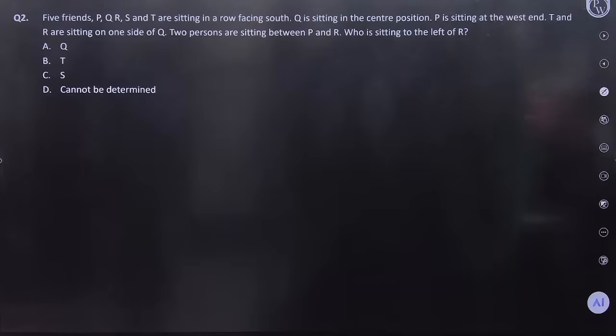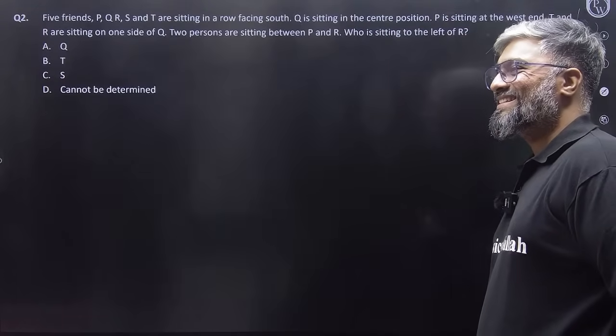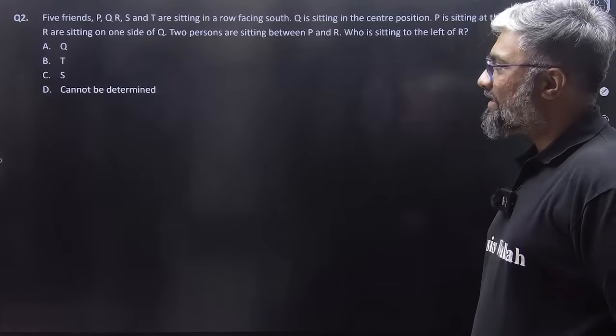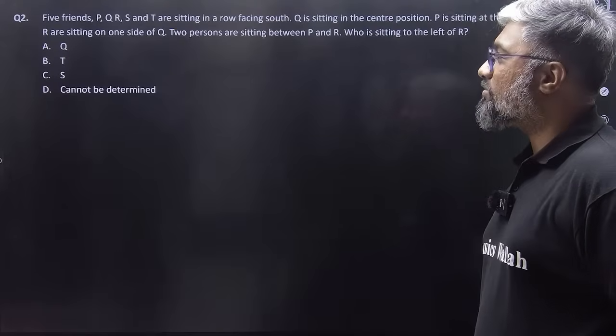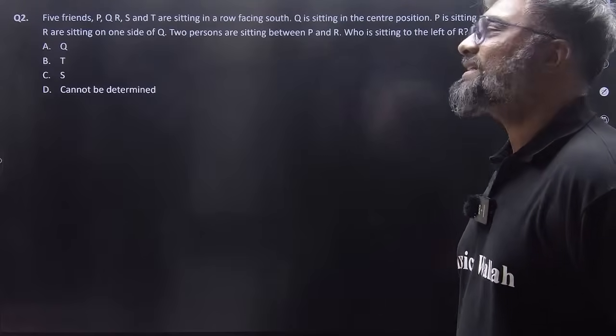Prathima says S. T. So apparently option A, B and C. Is there anyone who claims option D, cannot be determined? Is there anyone who claims it can't be determined, so there are too many right answers for this? No? Alrighty. So majority are saying T, which is option B. Some are saying option A, which is Q. Some are saying option C, which is S. And some after me directing them are saying option D.